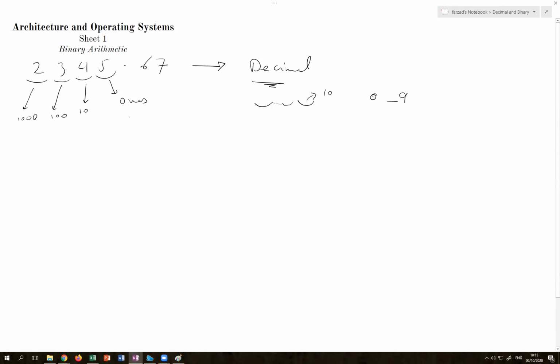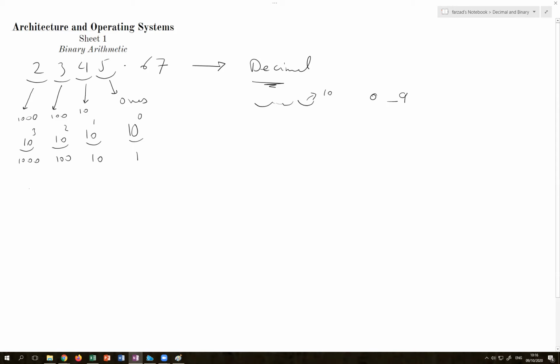So in the first place that we have ones, we have 10 options. This is 10 to the power 0, which is 1. When we are going to the second place, this is tens, 10 to the power 1, which is 10. The third place is 10 to the power 2, which is 100. And when we are going to the thousand, it's 10 to the power 3, which is 1000.